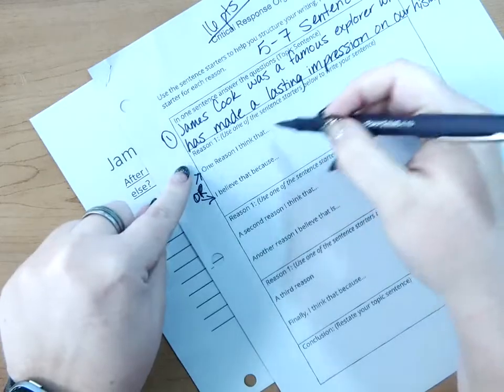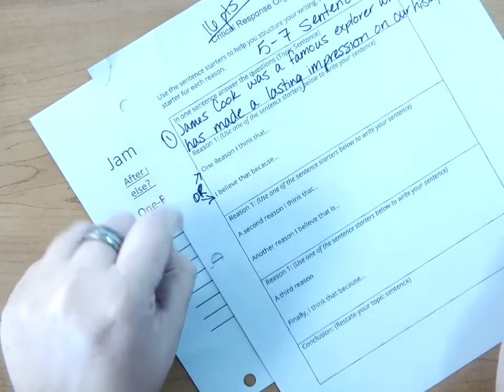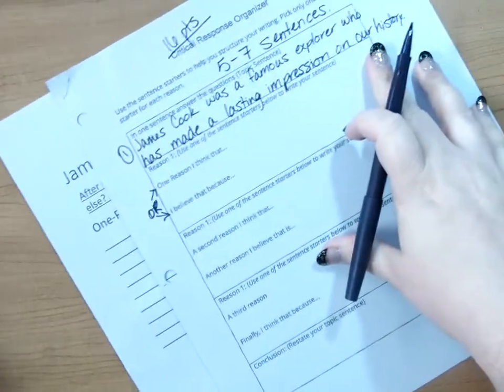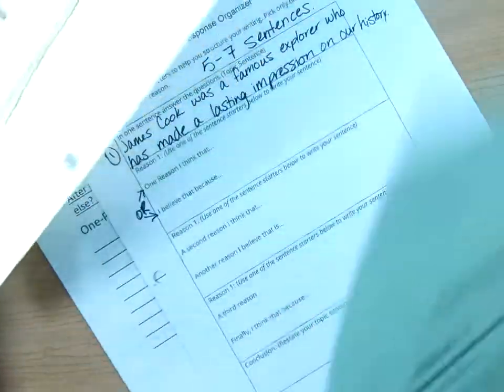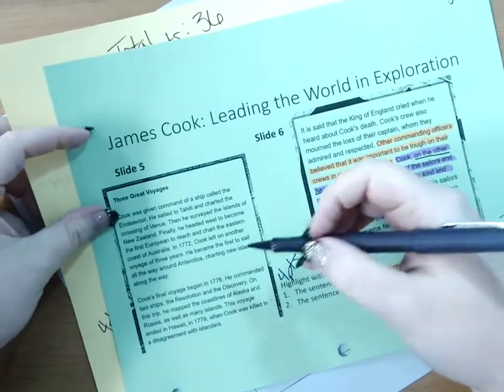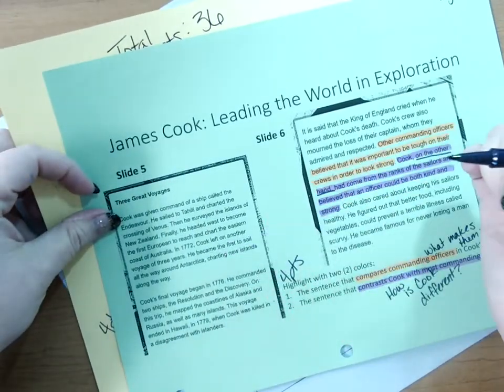What is one reason that you think this? And then that's when you would go back into the text and find a reason that he made a lasting impression on our history. He became the first to sail all the way around Antarctica.